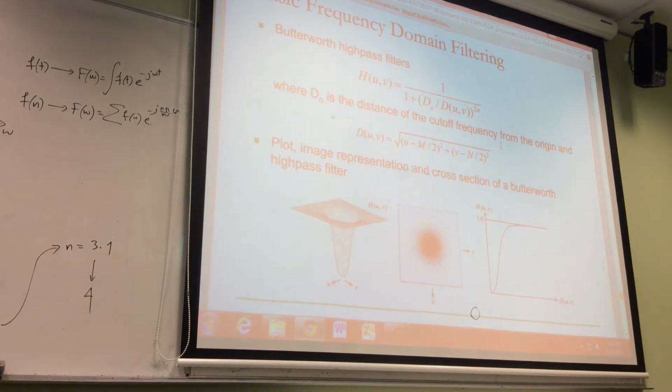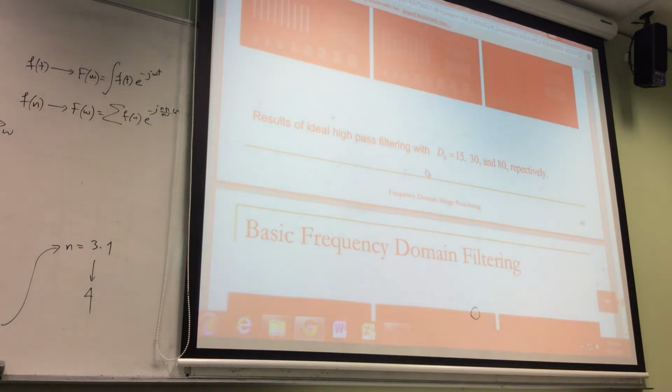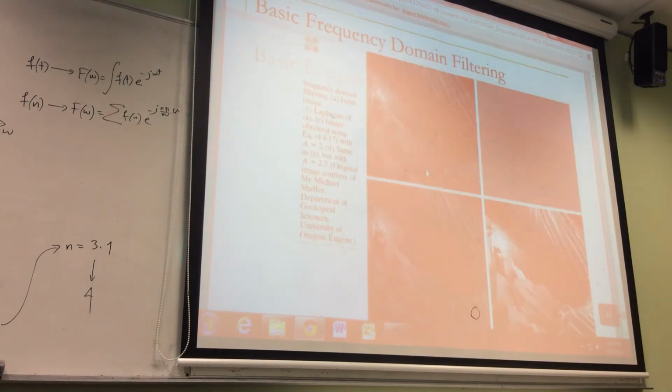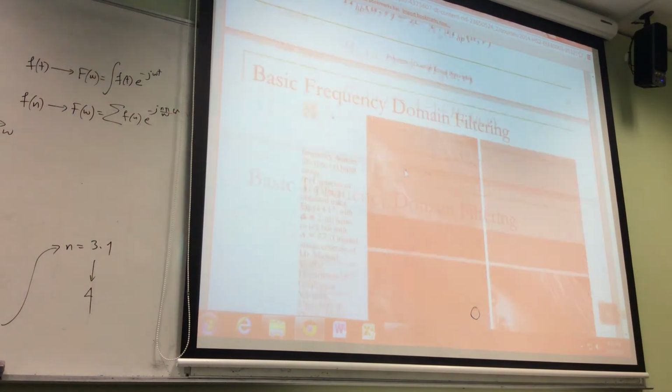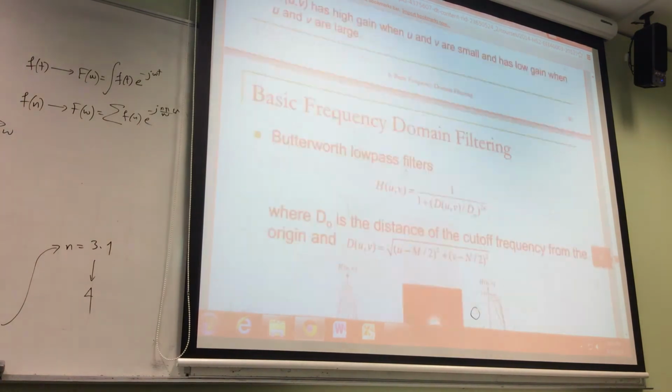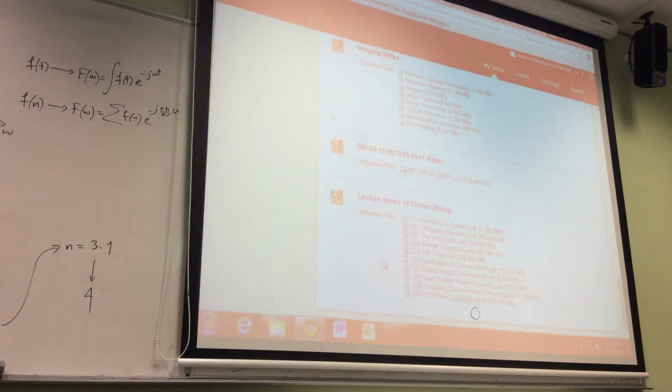Mine gives you an example for the high pass filter, but the idea is the same. 5 divided by 4, how much will it be? 5 by 4, 1.25. So the difference will be just 1.25.